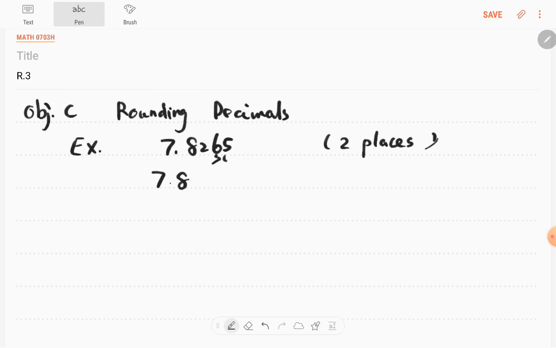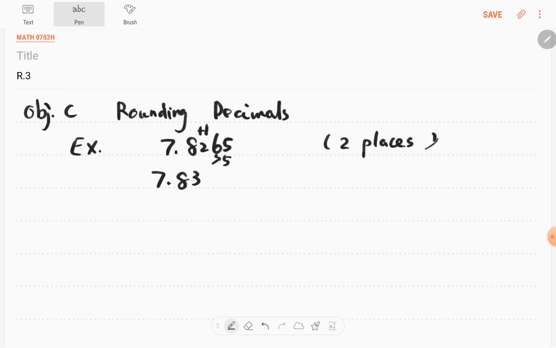This one is greater than 5, so we should add 1 to the second place. So that will be 7.83 is our answer. Okay, let's check another example.